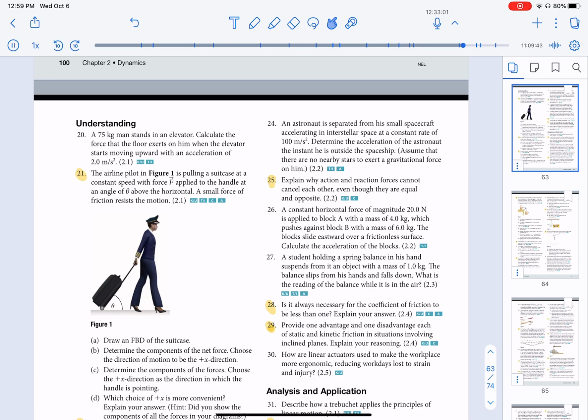Yeah, it's just to calculate it. Well, we could calculate it too, I guess. When I calculated, I found mu, and then I just multiplied by mg, and I got the answer. That sounds like a lot of work.